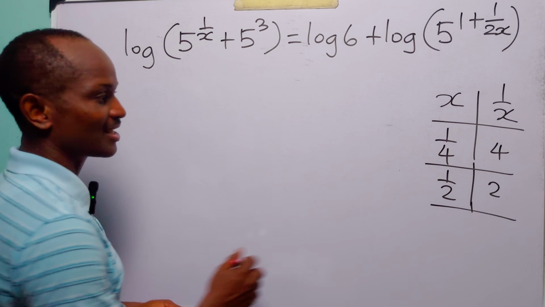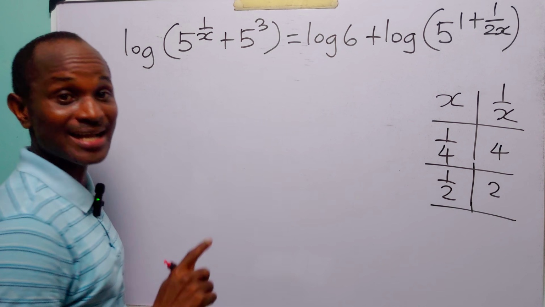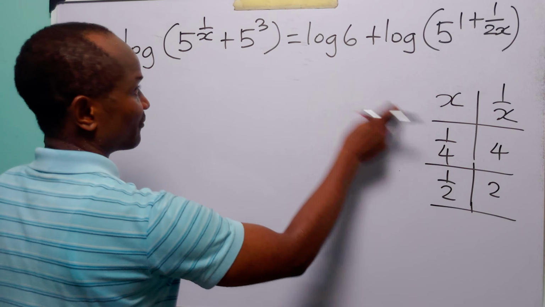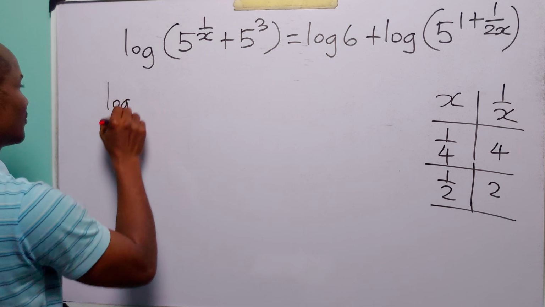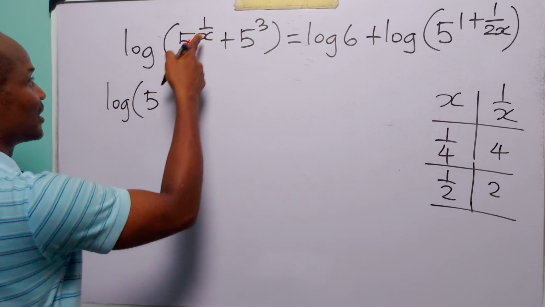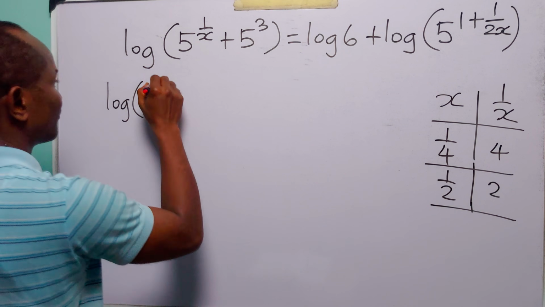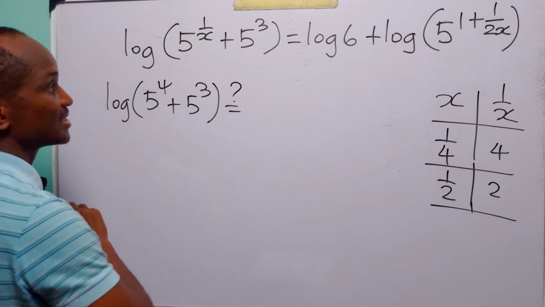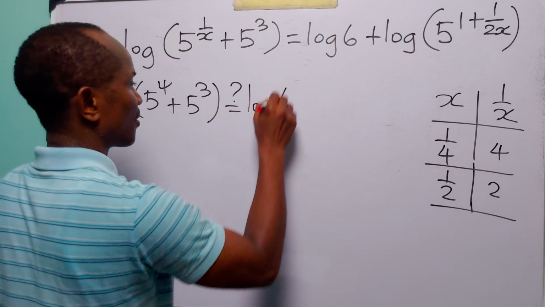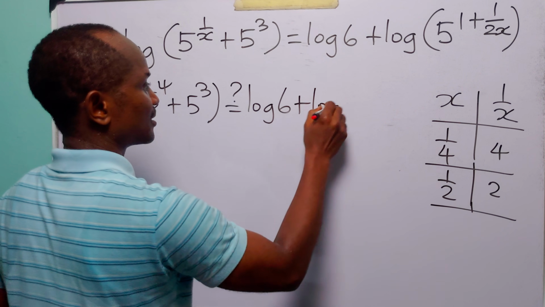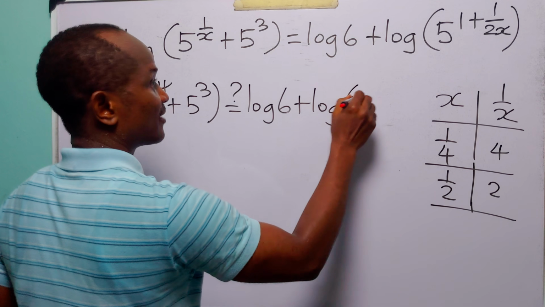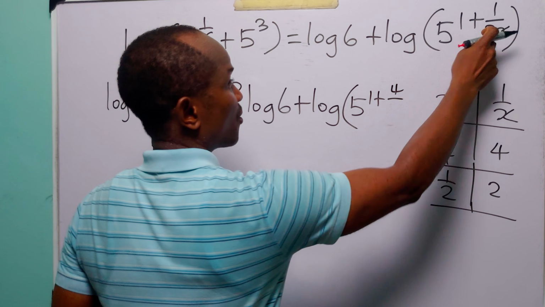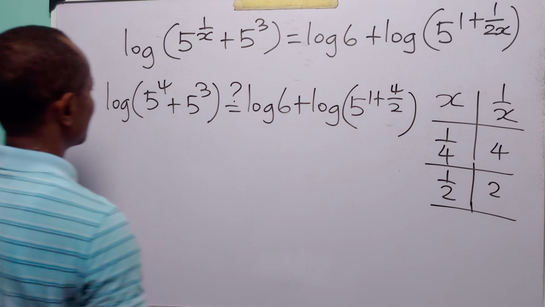And now, to check our answer, let us substitute these two values of x into the original equation. When x is equal to 1 over 4, we have log of 5 to the power 4 plus 5 to the power 3. Now, is this equal to log 6 plus log 5 to the power 1 plus, this is 4 over 2?